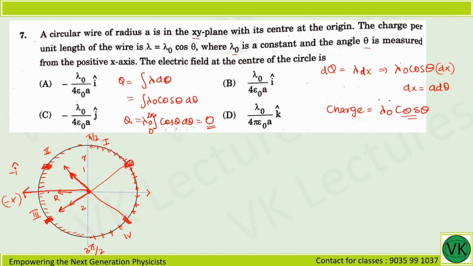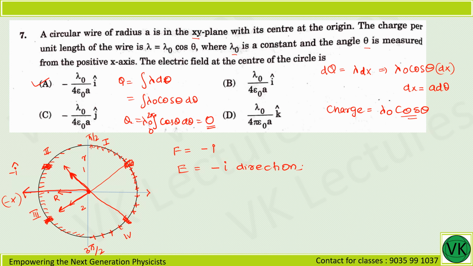So the total force is in the minus i direction, so the electric field will also be in the negative i direction. Now there is only one option which goes in the negative i direction, that is option A.